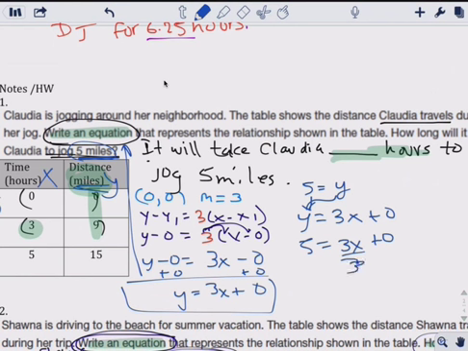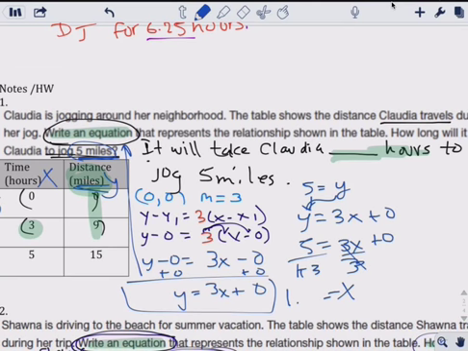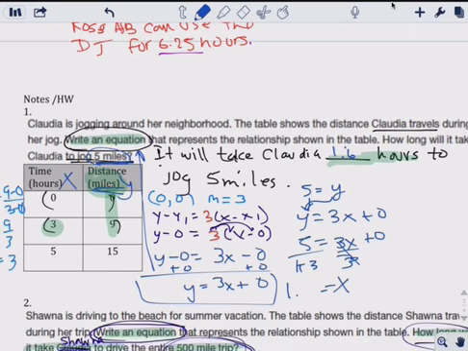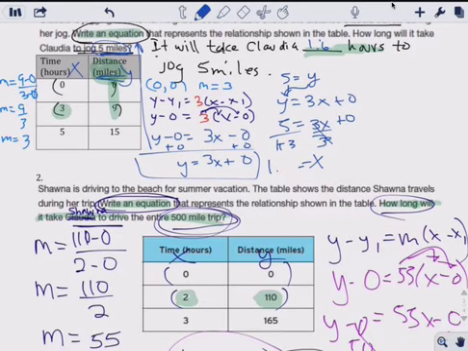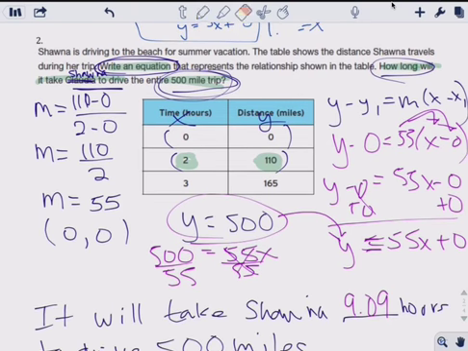Divide by 3 on both sides. x equals 5 divided by 3, positive 3, not negative. 5 divided by 3 equals 1.66666. So about 1.67 hours to jog 5 miles, rounded to the nearest hundredth. Okay, next one.